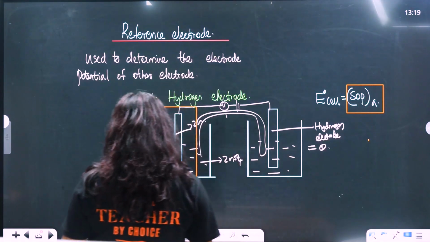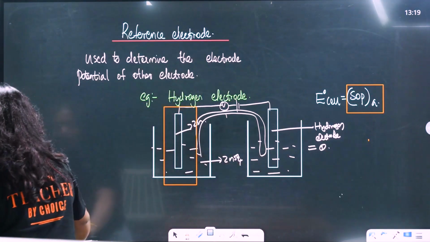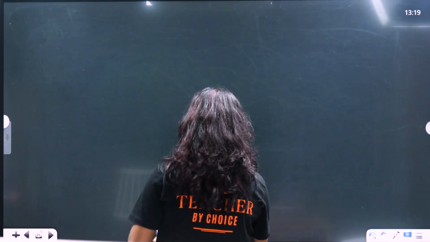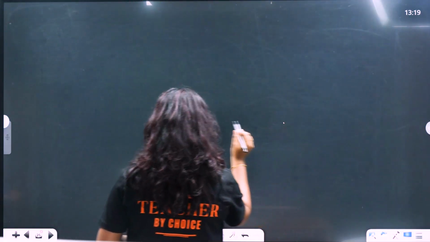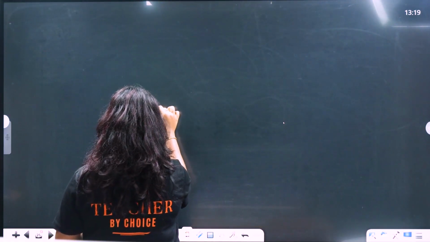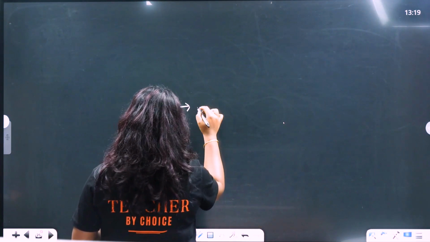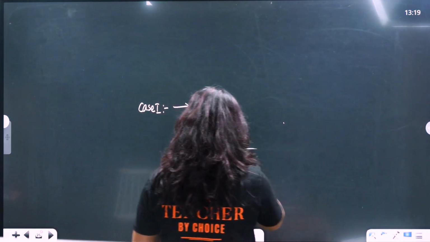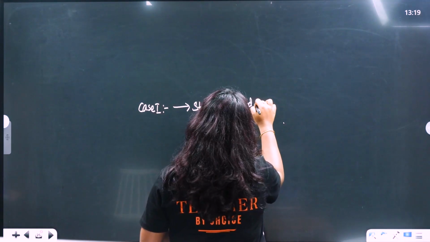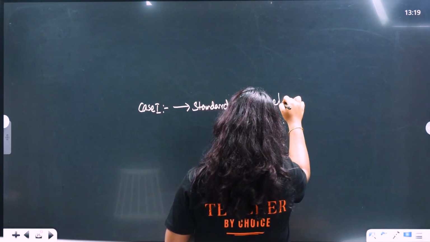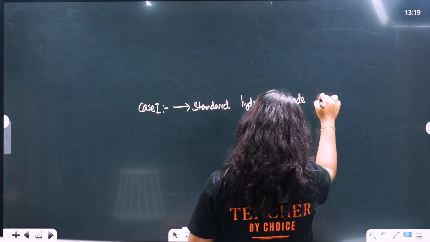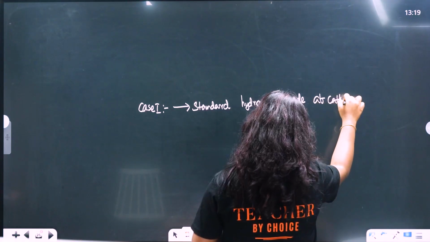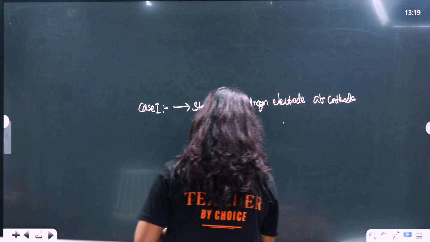Clear? Now I have to tell you 1, 2, 3 points here. In case 1, we are taking the standard hydrogen electrode at the cathode. So at the cathode, what will be happening, my dear students?